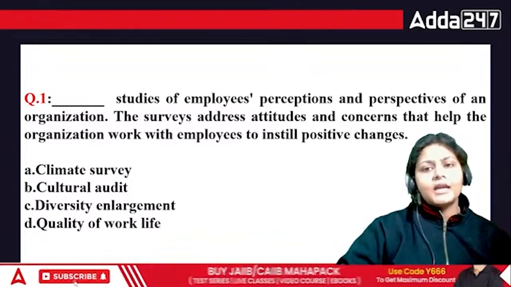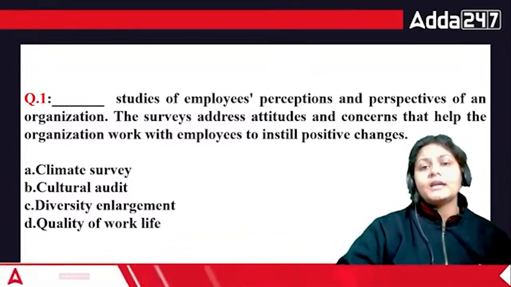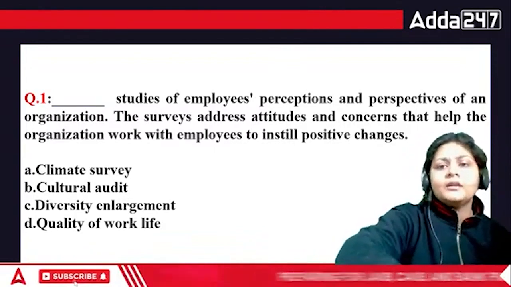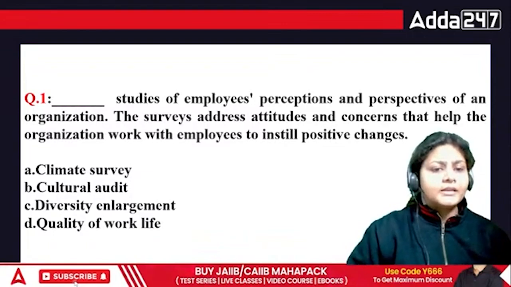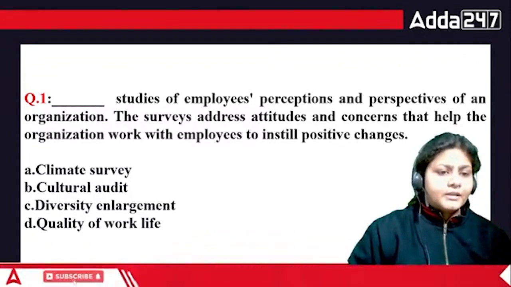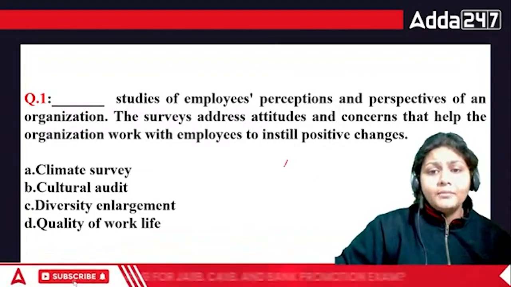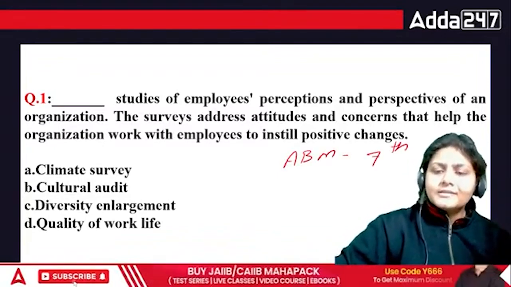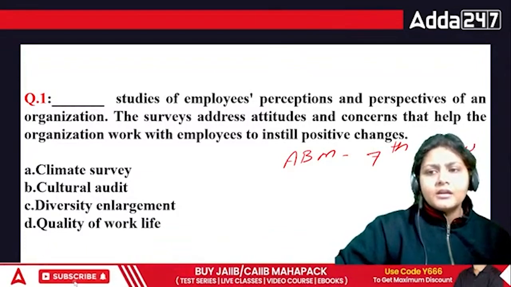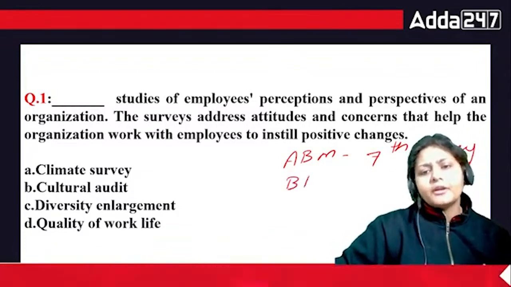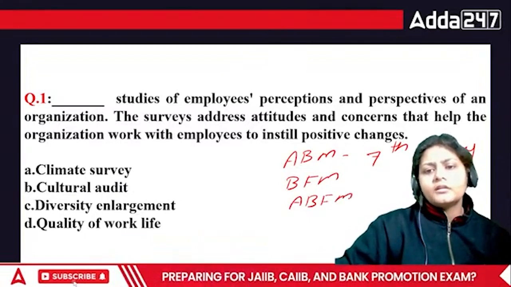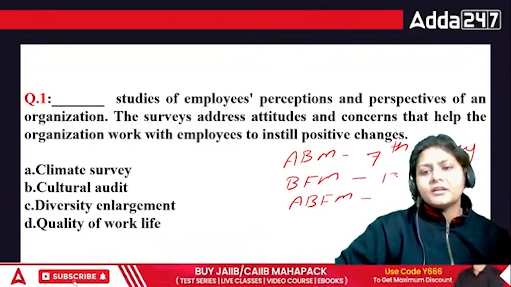See, today the CIB registration date and exam date are both released, right? And what is the exam date exactly? The ABM exam is scheduled for the 7th of July. Then BFM and ABFM are continuous, on the 13th and 14th.